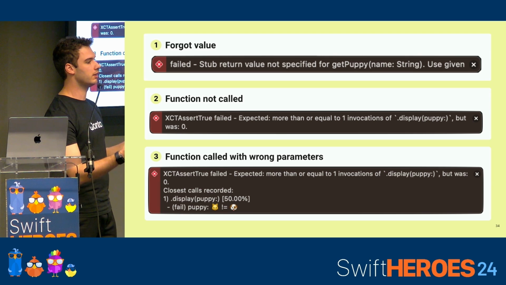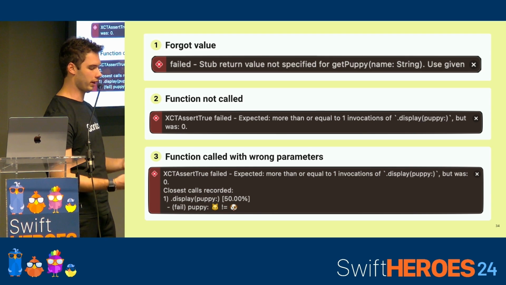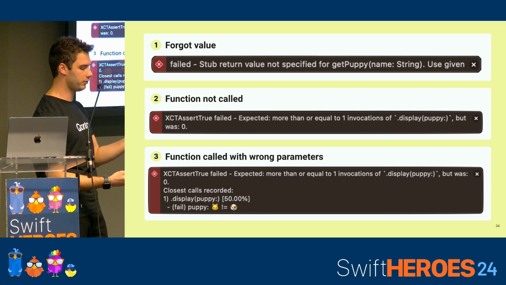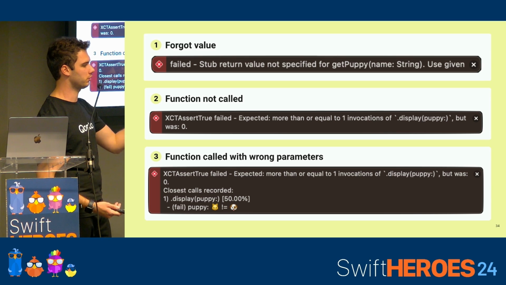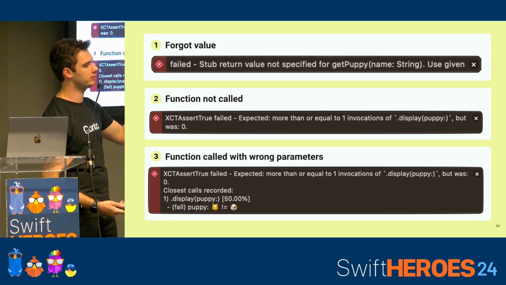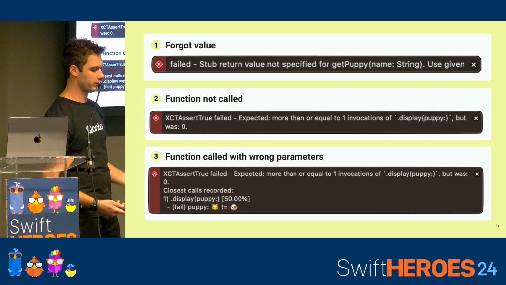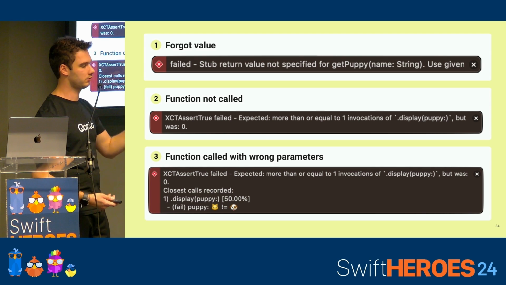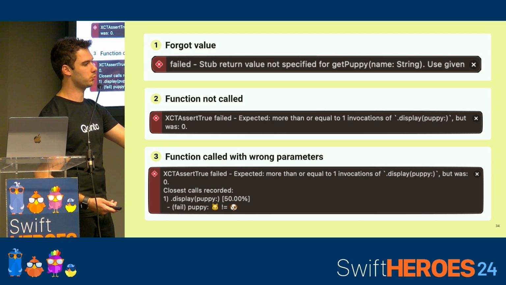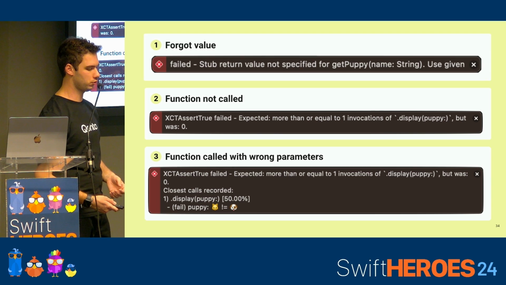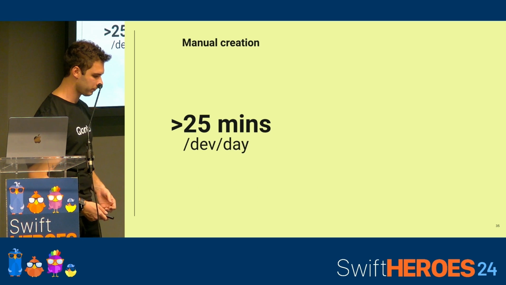In this case, the SwiftyMocky library will tell you as well what happened. It will let you know that a call was happening. It will give you a list of closest calls recorded with their parameters, so you can check which parameters were used compared to what was expected.